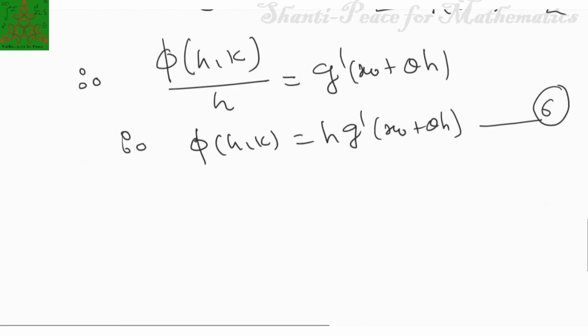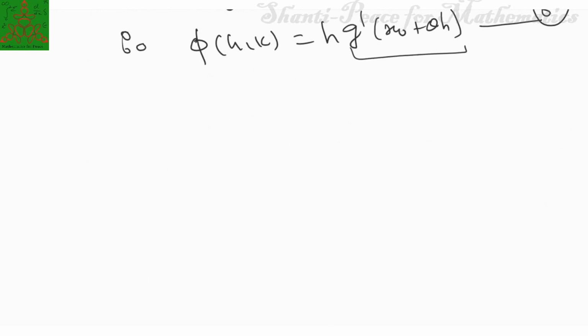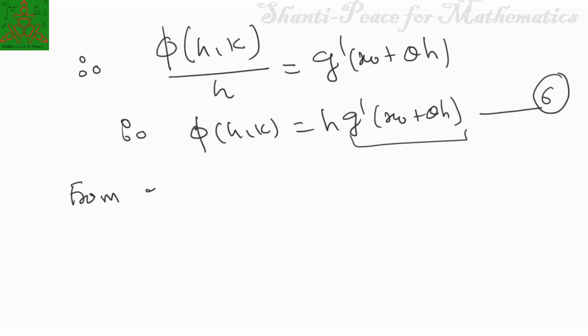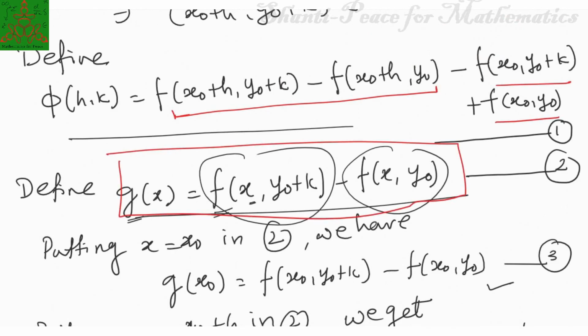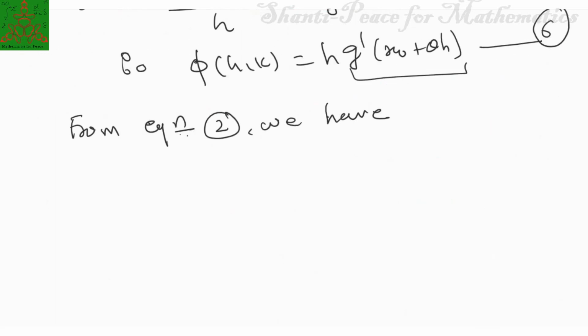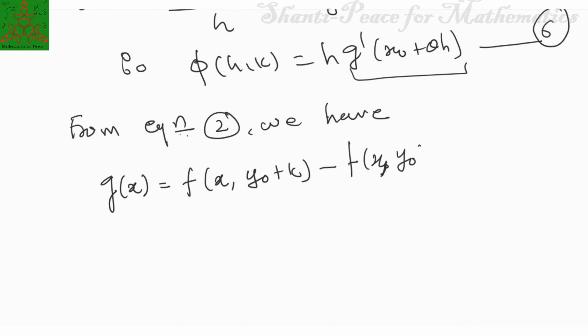Now what is g'(x)? Let us calculate this. From equation 2, what is equation 2? Let us see that. Equation 2 is g(x) = f(x, y0 + k) - f(x, y0). So this will give you g'(x).